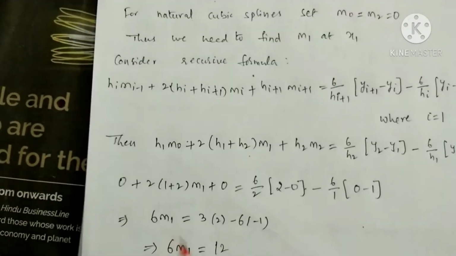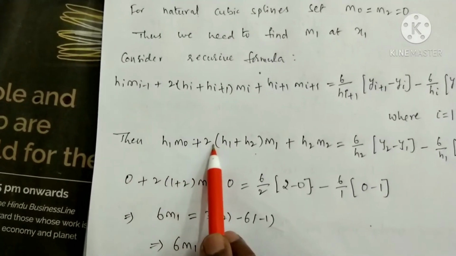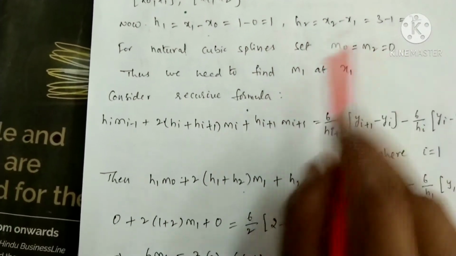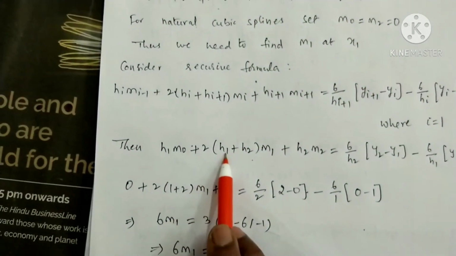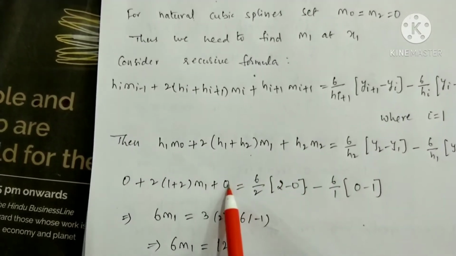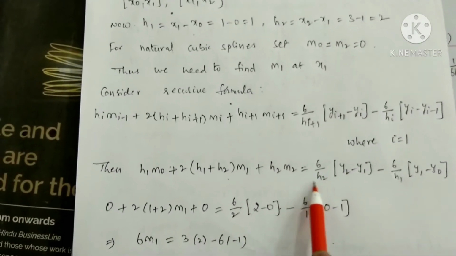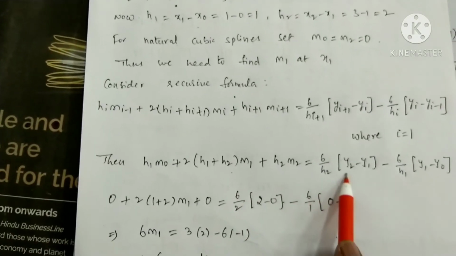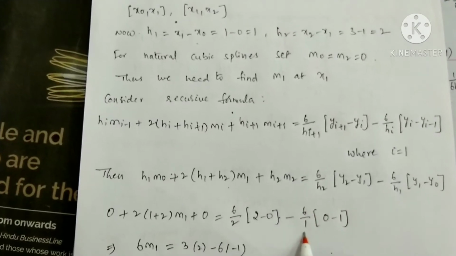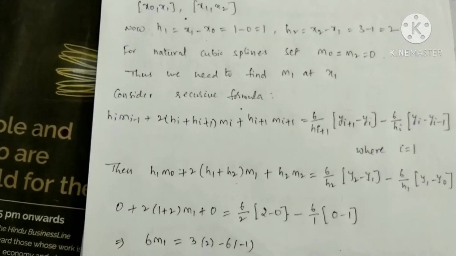Now let us use all the known data. Since m0 is 0, 0 into anything will become 0, plus 2 into (h1 plus h2). h1 is obtained as 1, h2 is obtained as 2, so it is 2 into 3 m1 plus m2 is 0, so the term becomes 0, that equals 6 by h2, which is 2, so 6 by 2 into (2 minus 0) minus 6 by 1 into (y1 is 0, y0 is 1), so it is 0 minus 1.